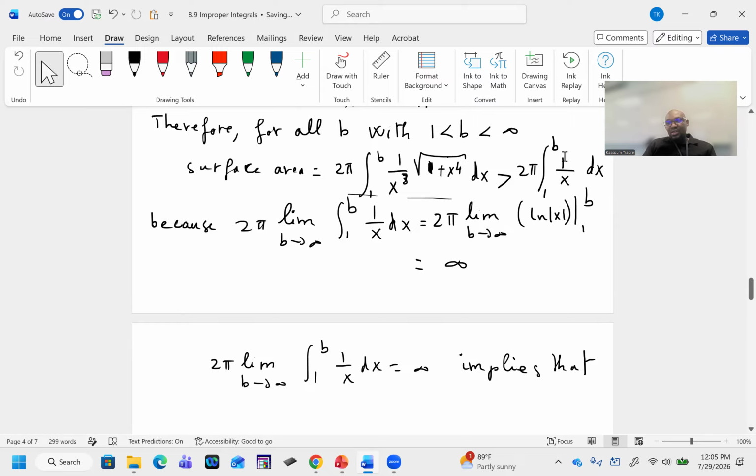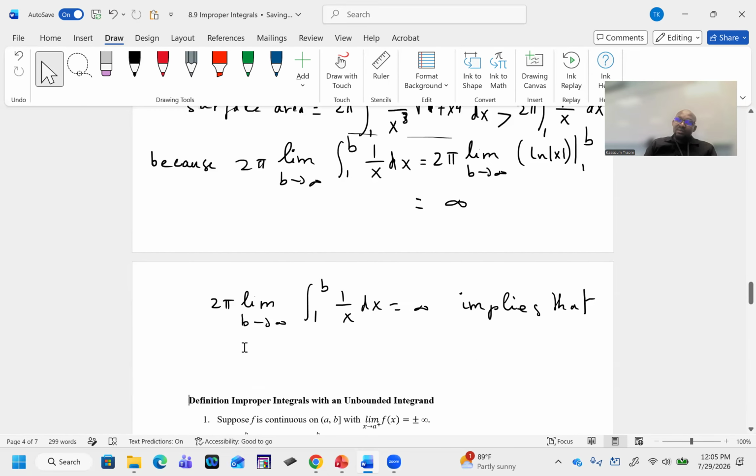So once we find that the smaller integral is infinity, of course, the one that is greater will also be what? Infinity, right? Implies that 2 pi limit of b approaches infinity, 1 to b, 1 divided by x cubed will also be equal to infinity.